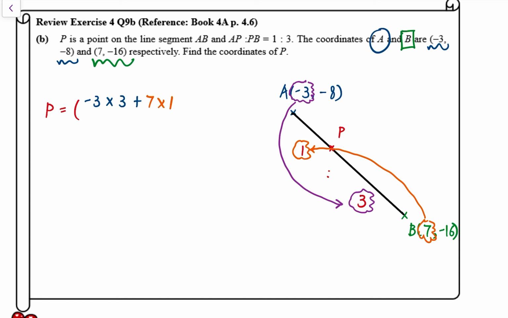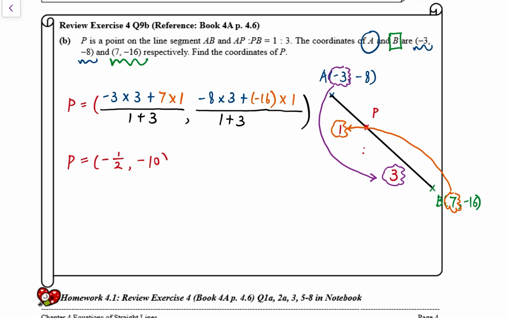And AB has been divided into 1 plus 3, that means 4 portions. We will do similar things with the y-coordinates of A and B. So we get the coordinates of P, -1/2, -10.